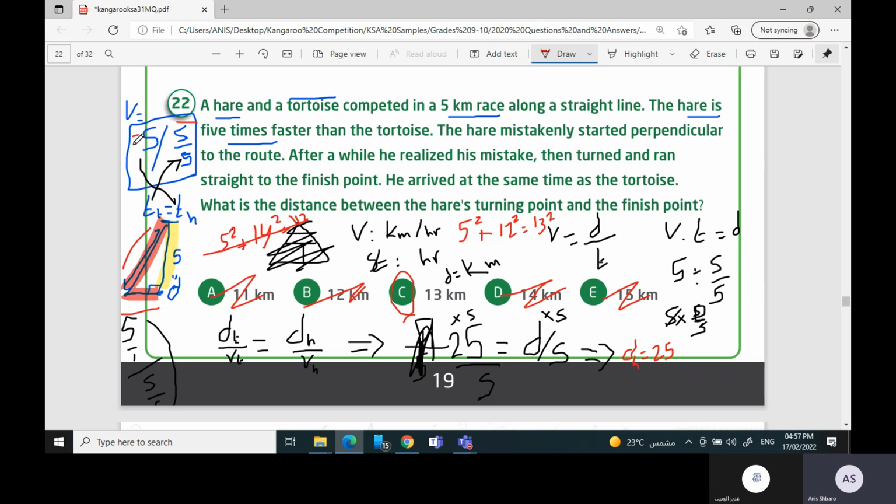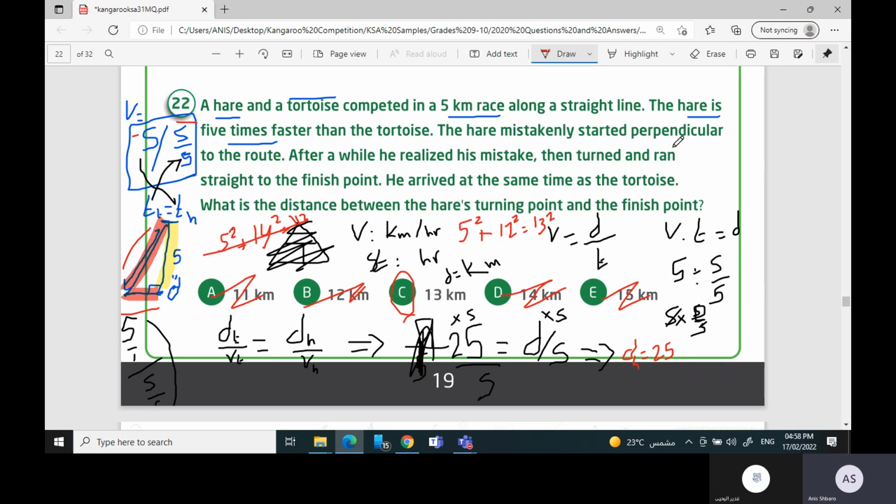We can give S for one and 5S for the other, or S and S over 5. I chose this one: the speed of the hare is equal to S, and the speed of the tortoise is equal to S over 5.